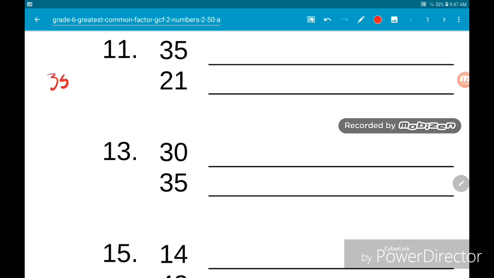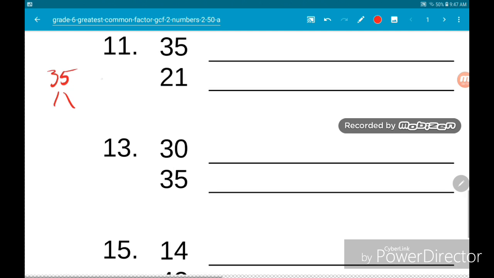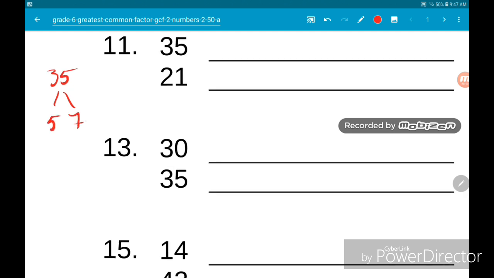35. It ends in 5. 35 divided by 5 is 5 and 7. Can we break it down any more? Prime and prime. 5 times 7.